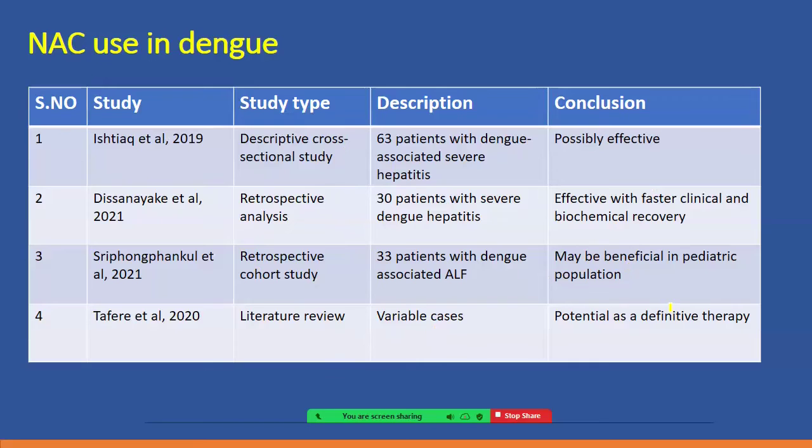However, data is still not clear whether there is a mortality benefit of using NAC, because one study has shown a benefit in mortality, whereas another study has shown no benefit in mortality. But all of these studies have shown that it decreases the AST, ALT enzyme levels, and there is also a benefit in hospital stay.